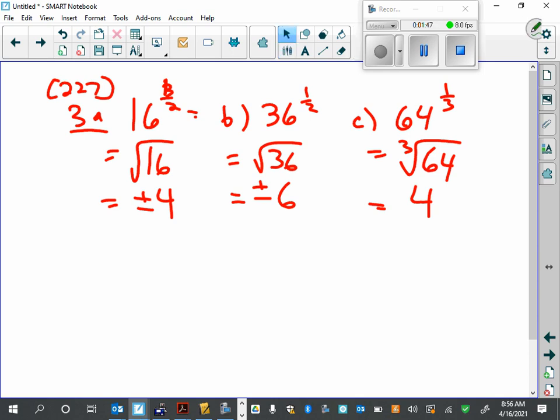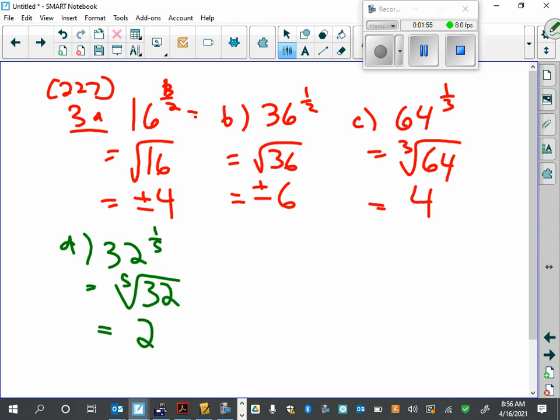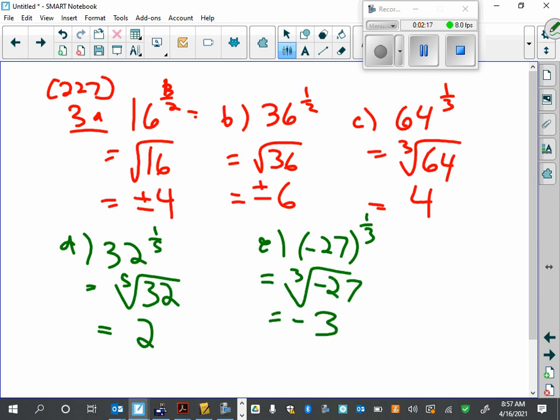All right, next is 32 to the 1/5. So 5th root of 32, you can punch in the calculator if you don't know it. We're going to do that for 5th root, just so you know how to do it, because there were some calculator power questions on the quiz. E, negative 27 to the 1/3 is the cubic root of negative 27, which equals negative 3.